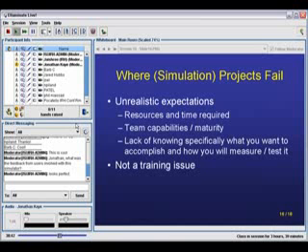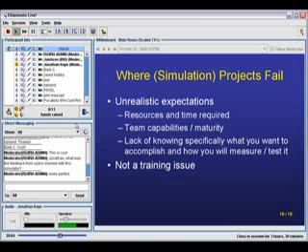I don't want to be pessimistic about it, but I think it's good to see where simulation projects typically fail, and almost as a rule, it's when expectations are unrealistic, whether in terms of the resources that you have or time required, the capabilities of the team, the maturity, how many they have built.